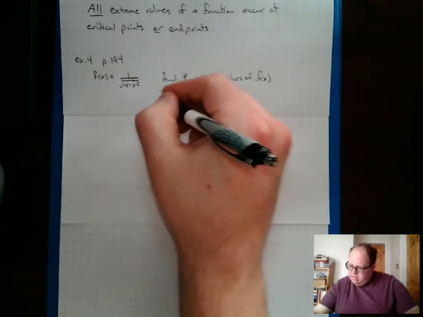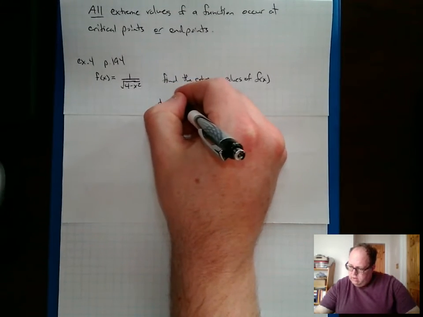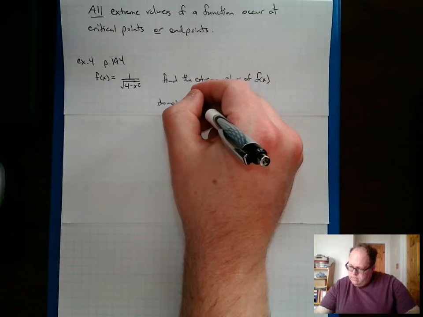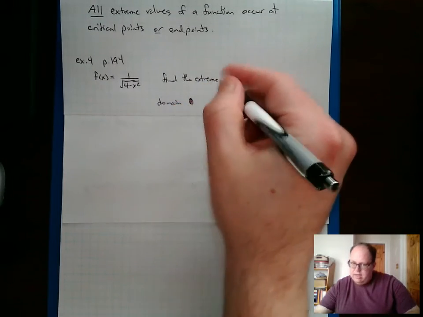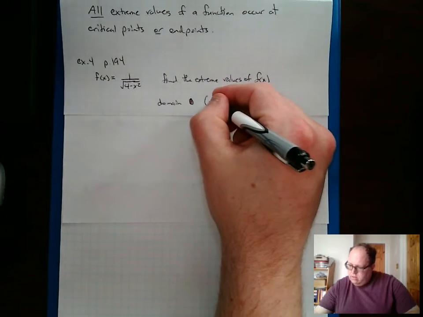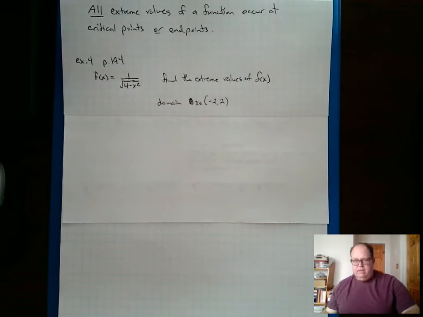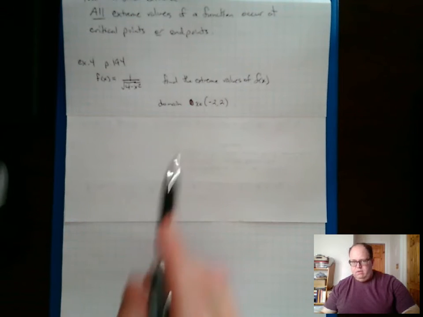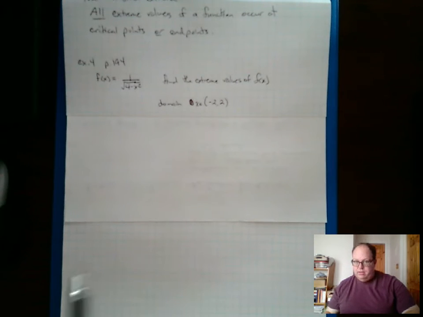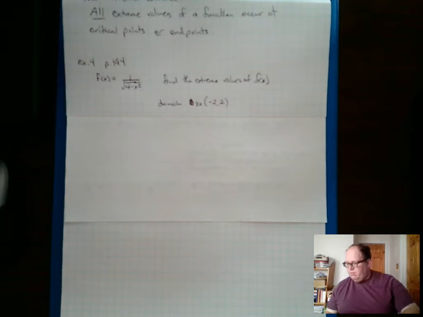So the domain of this thing, I'll use set notation: x has to be within negative 2 to 2, non-inclusive. So I do not have solid endpoints, which means I don't have endpoints that I can check to see if I've got a critical value.